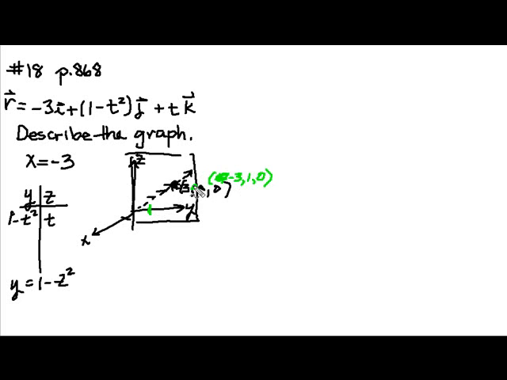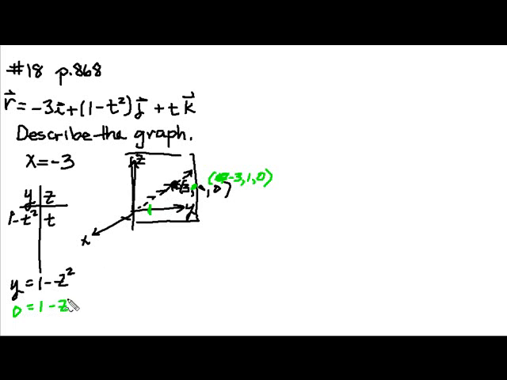Okay, now if we were just in the yz plane and we had y equals 1 minus z squared, then for example, if y was equal to 0, then we would have 0 equals 1 minus z squared, which would mean that z would be plus or minus 1.